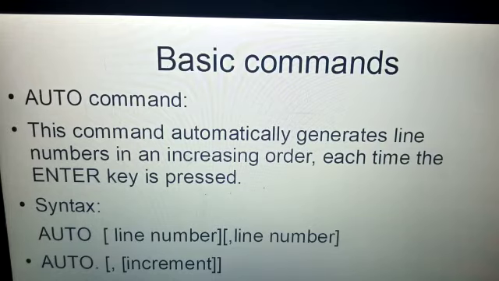The second syntax is AUTO, dot, meaning the current line number, and a comma, then the increment. For example, AUTO 100, 20: your current line number is 100, and you add 20 to generate the next line. So the next line will be 120.